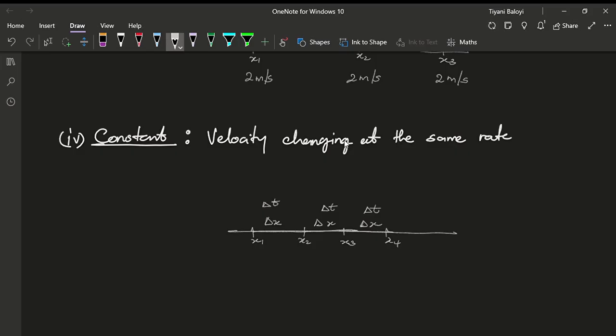So the way you change your velocity, it's changing at the same rate. Velocity here, another velocity there, a different velocity, and it's changing at the same rate. So if this is your v1, this is your v2, this is your v3, and let's say you have 4 vx. By each displacement you change by the same amount, so it's changing at the same rate.